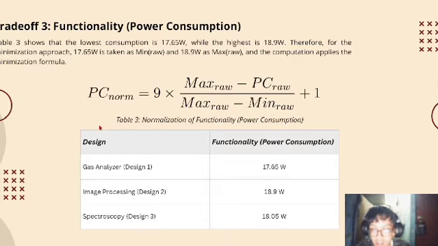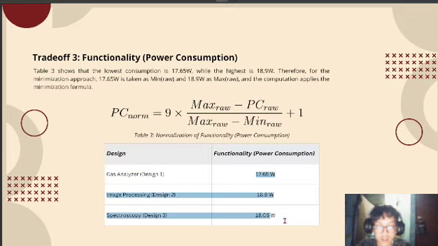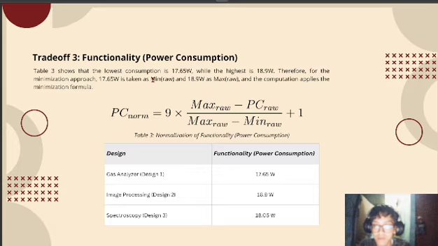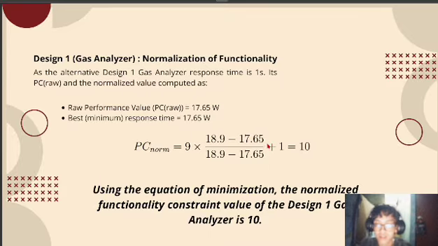As you can see in the table, the gas analyzer, the design 1, has the lowest power consumption among the three. So we take it as our min raw. For the image processing, a value of 18.9 watts was taken as our max raw because it has the highest power consumption among the three.